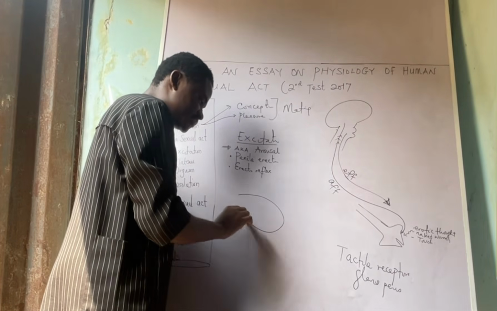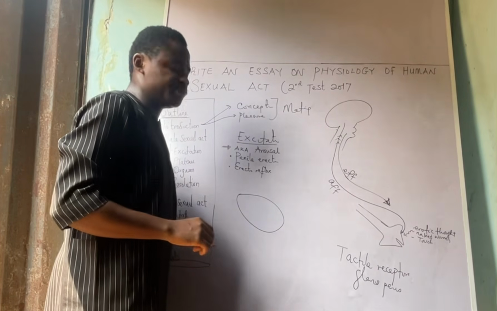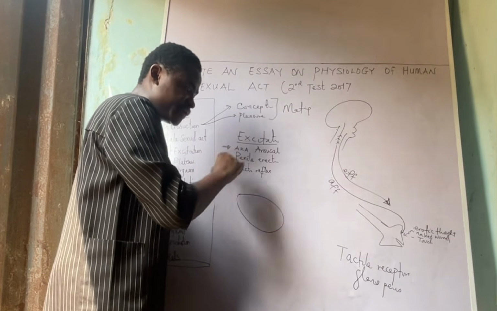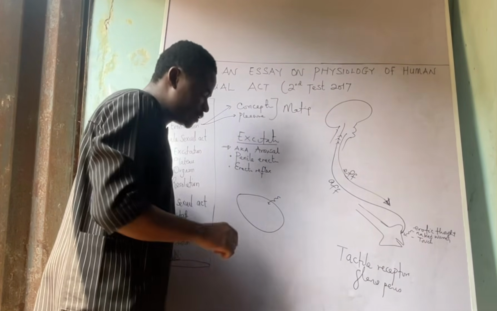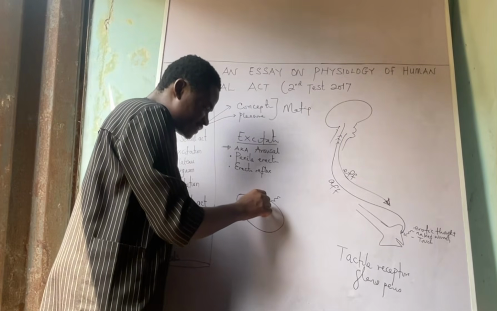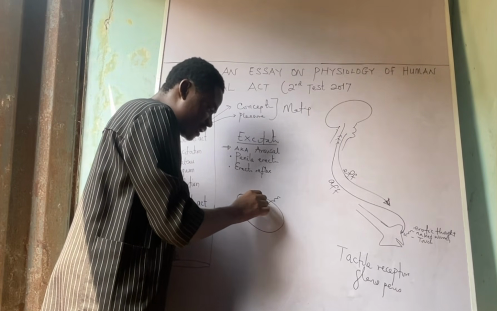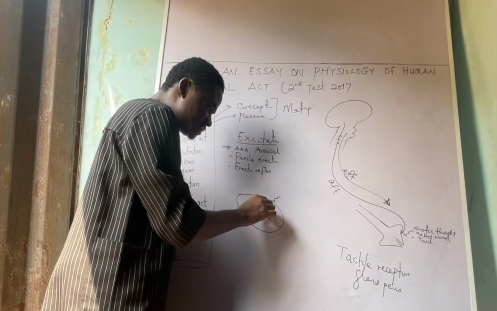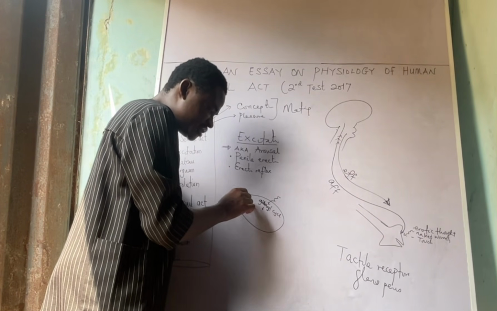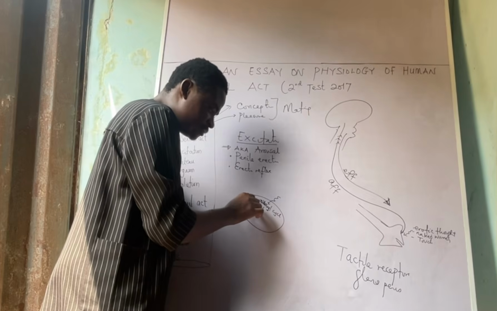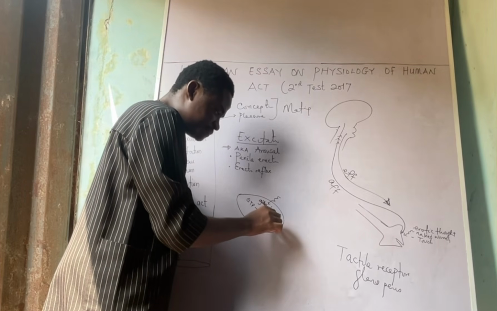The efferent will go to blood vessels. Let's say this is a blood vessel. On going to the blood vessel, what will the efferent do? It will cause, via a second messenger, an increase in levels of guanyl cyclase. Guanyl cyclase will increase the conversion of GTP to cyclic GMP.